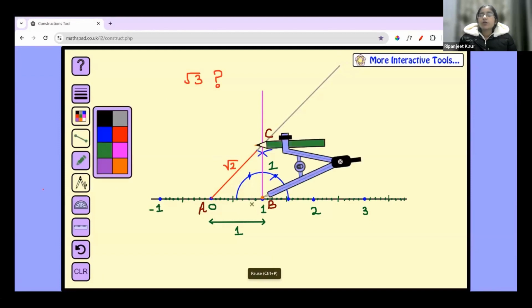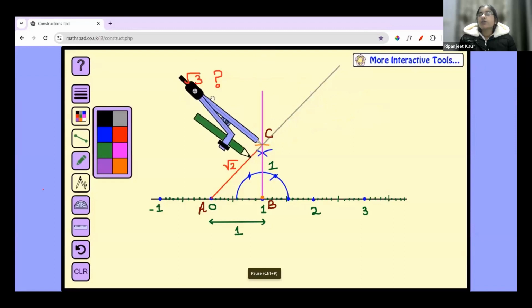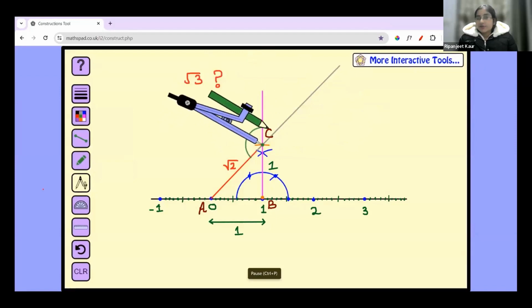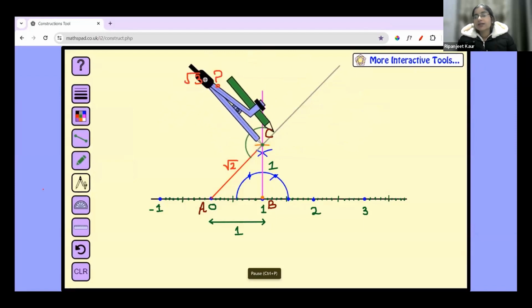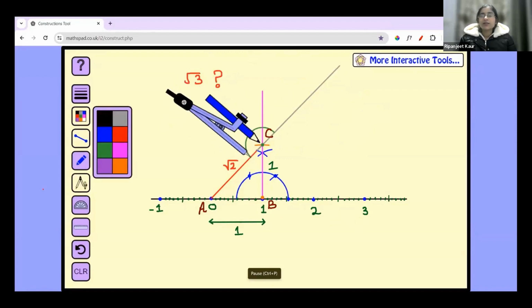So put your compass on the point C and make a semicircle over here, and we are going to make the perpendicular in the same way. After making the semicircle, place the pin of the compass on one side of the semicircle and make a cut on the semicircle, right?